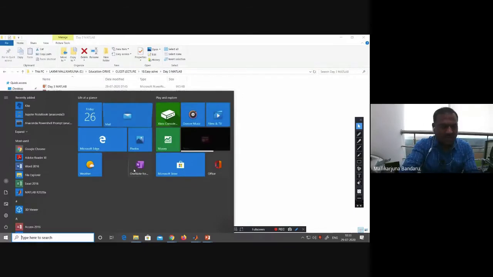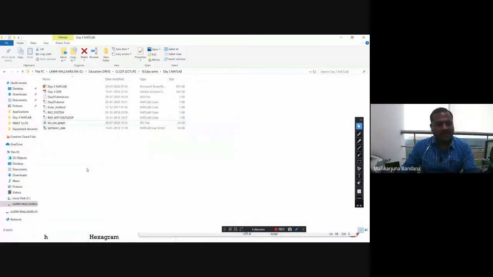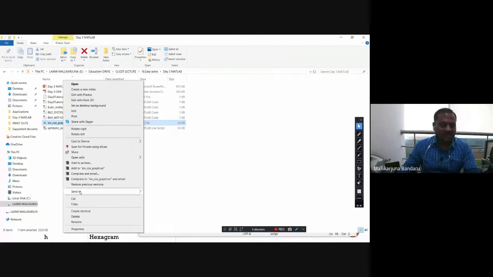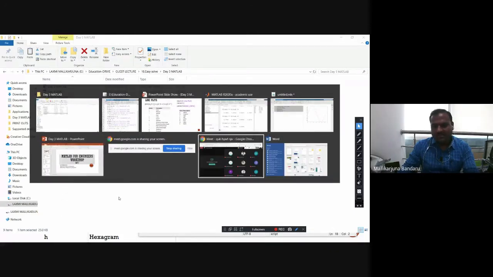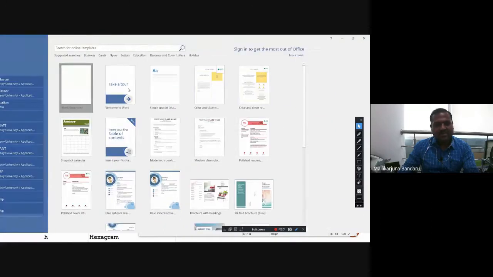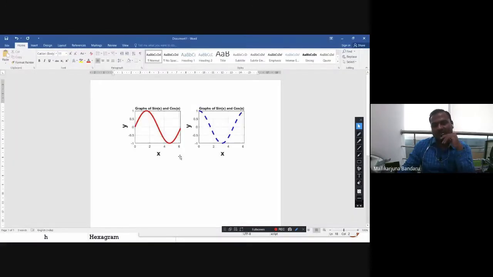Let me take the Word file and simply copy this graph, right click and copy. Yes. Let me take the new document and simply paste it. That's all. So this is how you save the plot easily.